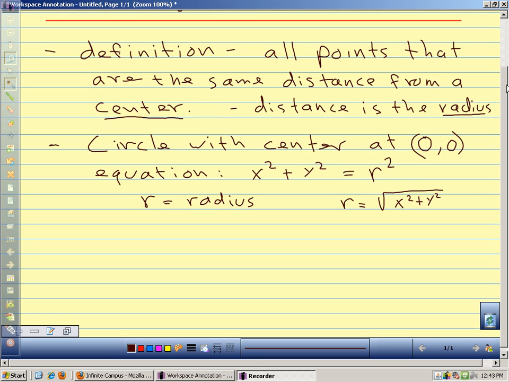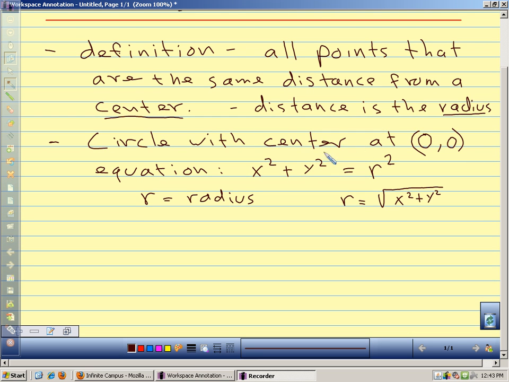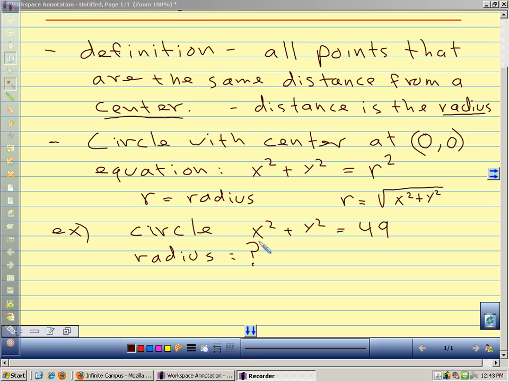So an example of the kind of problem that you might see with the equation of a circle with the center at 0, 0, these are really nice. We want to know the radius. We have a circle, x squared plus y squared equals 49. And we want to know the radius. So our equation is x squared plus y squared equals r squared.